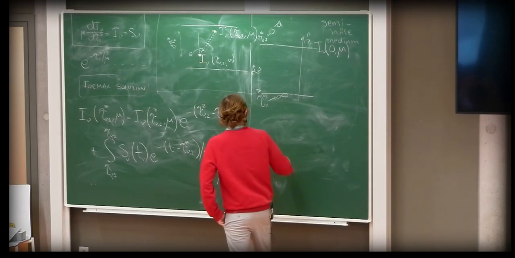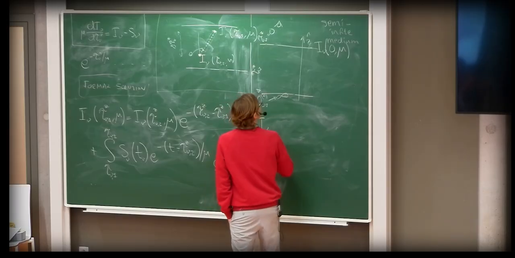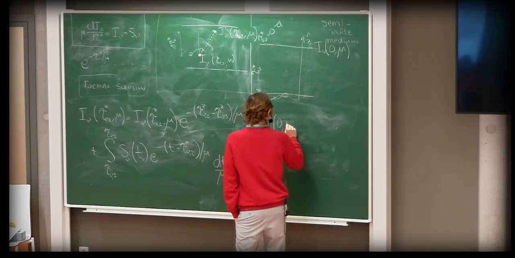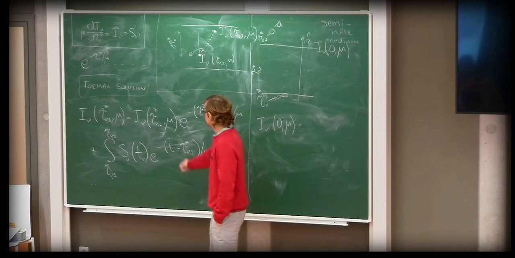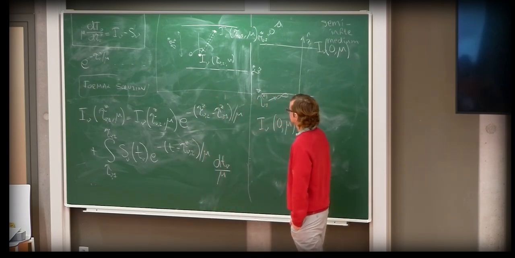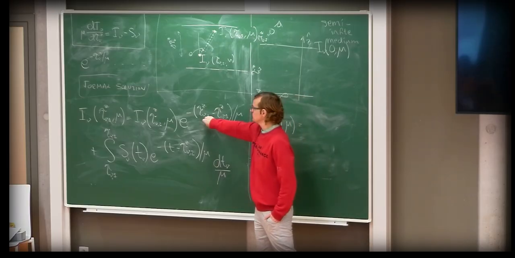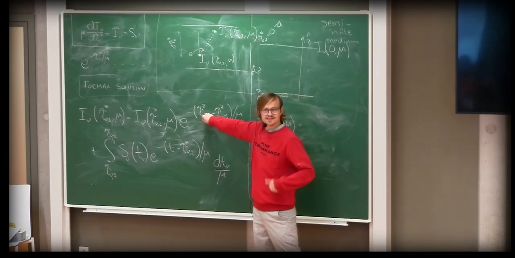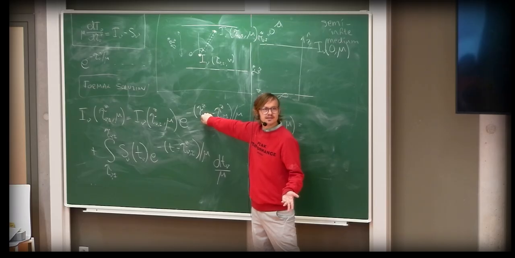We put this in, then I nu of 0, mu. We can see that the first term is actually going to be 0, because this one is 0, but this one goes to infinity in the semi-infinite case. So we're not going to get any contribution from here.